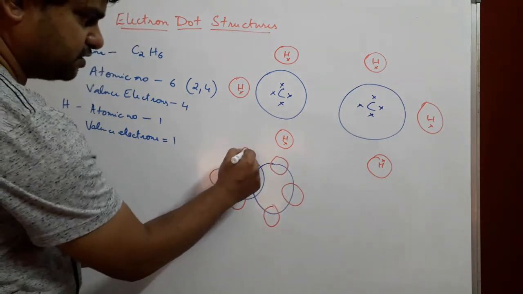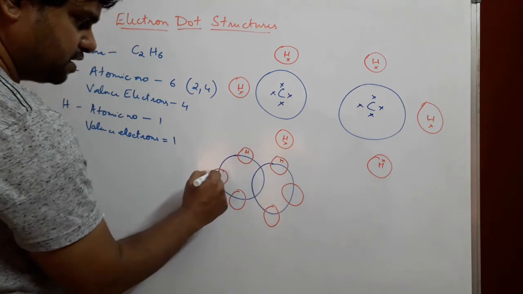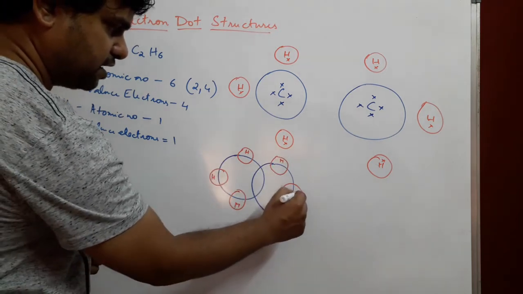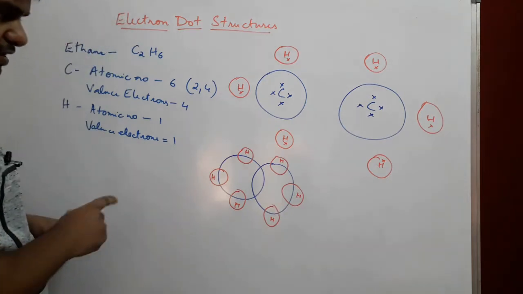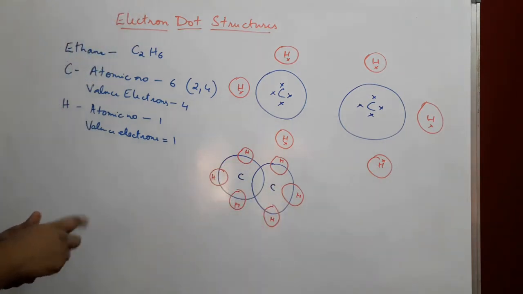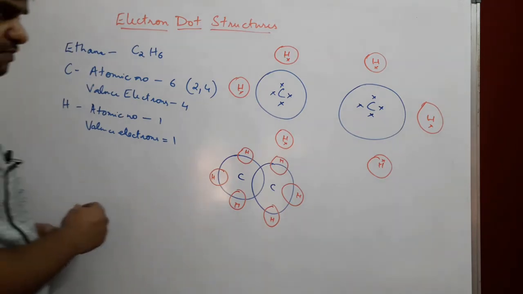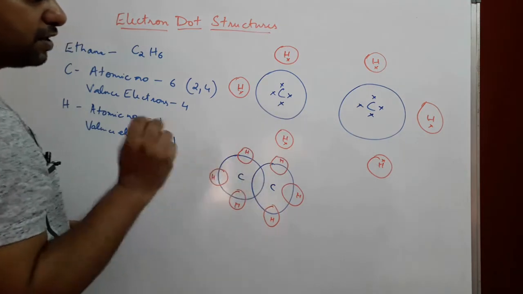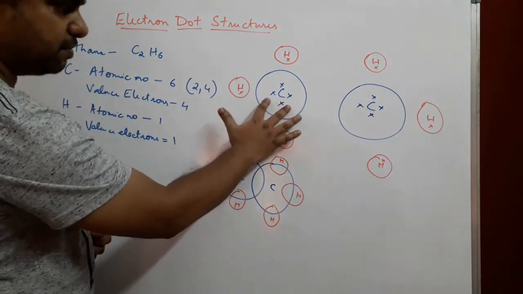So this is a hydrogen atom, hydrogen atom, hydrogen atom, hydrogen atom, hydrogen atom and hydrogen atom, and these big circles are carbon atoms.